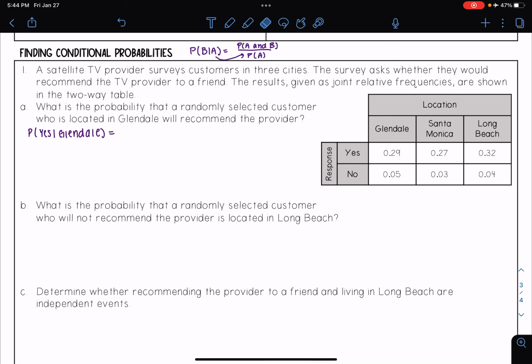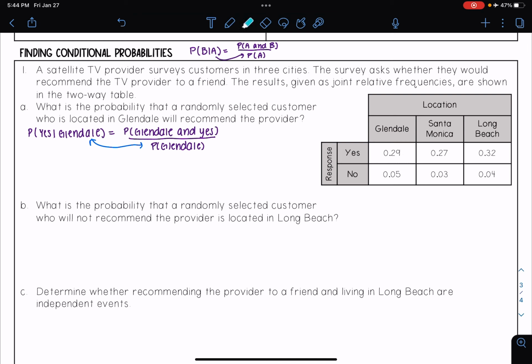So the probability of yes given Glendale is going to equal the probability of Glendale and yes, divided by the probability of Glendale. These two match. Our given is in that bottom probability.